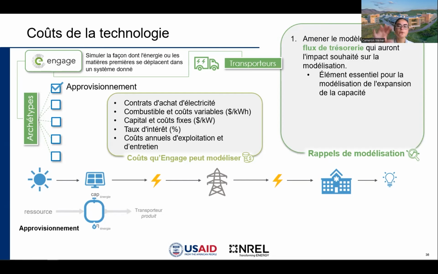So you'll see when we move into the capacity expansion side of the tool that Engage is primarily making decisions based on the cost of various technologies, and it's trying to find a way to operate the system at the lowest cost possible. So it's important to accurately represent costs to determine what type of system Engage builds to meet your demands.